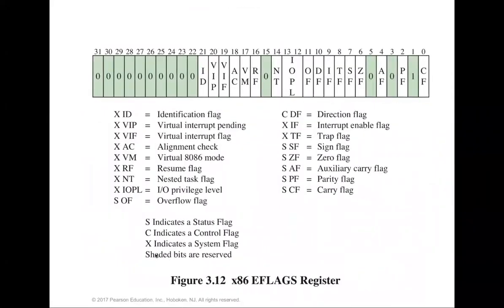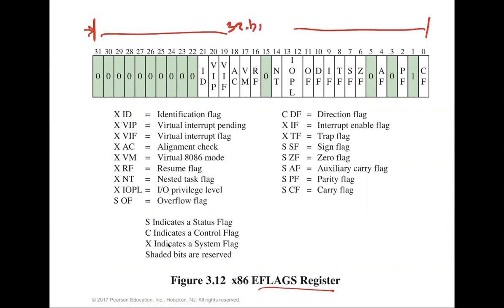This figure shows the typical structure of the EFLAGS register. It includes 32 bits. Each of those bits has information about status flags or some condition codes.